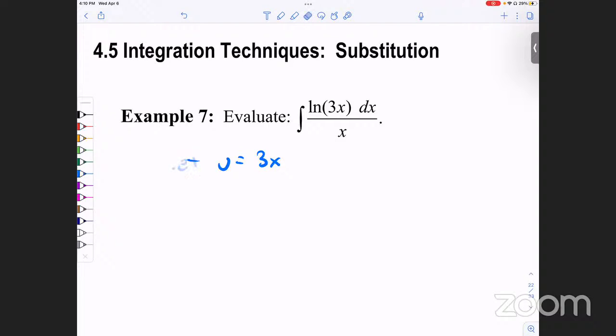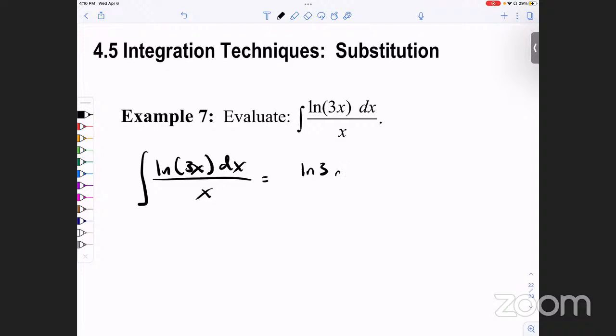So I'm gonna scrap this. So first, let's do this. Log of 3x dx over x, all right? Let me take it apart because the log of the product is the same as the sum of the logs, so we can break that log apart. And we can break it up into natural log of 3. I'm going to go ahead and kind of separate it all the way out.